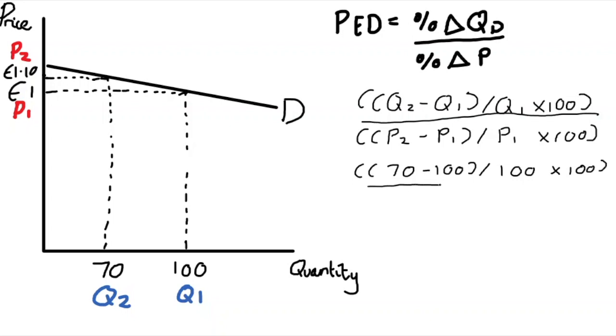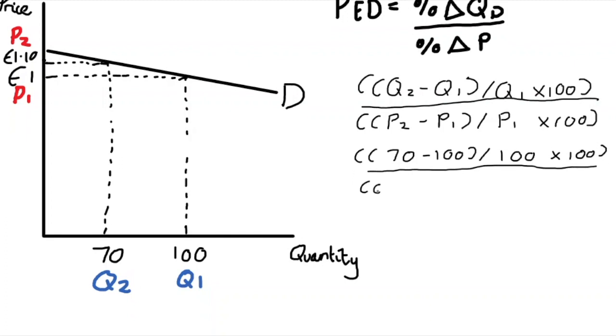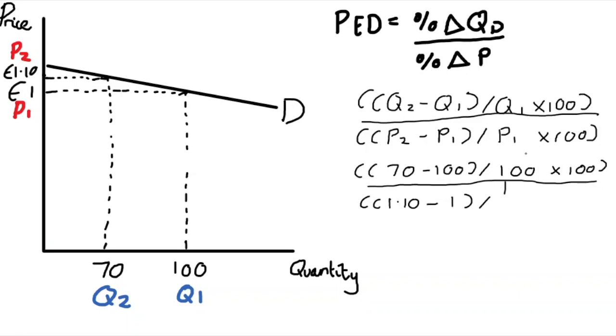Below the line, we'll fill in the prices as well. For P2, we have €1.10. So €1.10 minus P1, which is just the euro, all divided by P1, which is just the euro, and we will multiply that by 100.